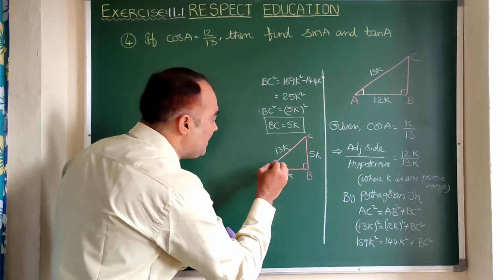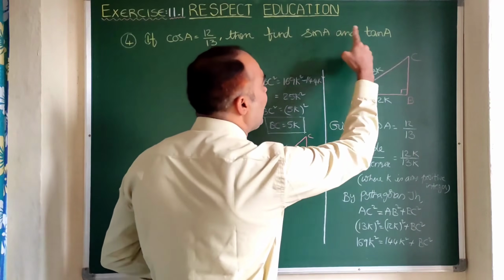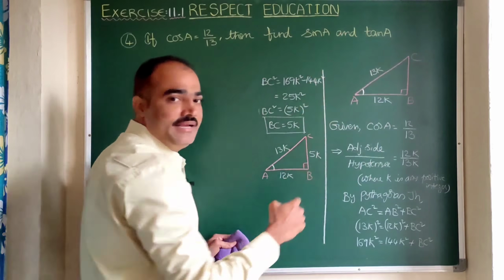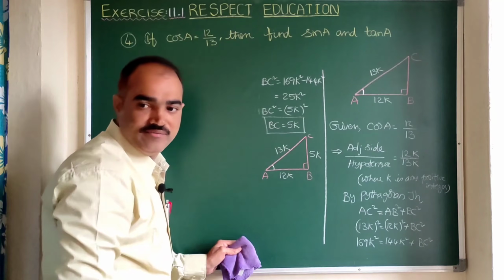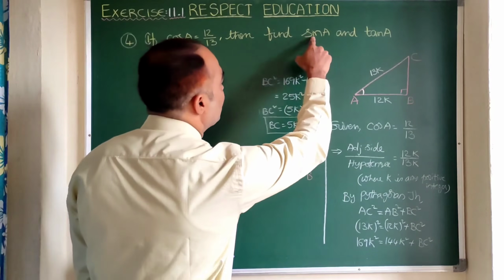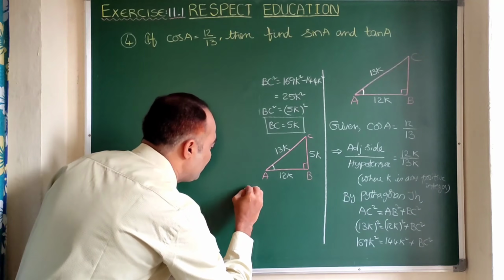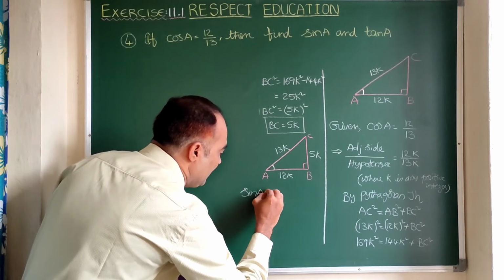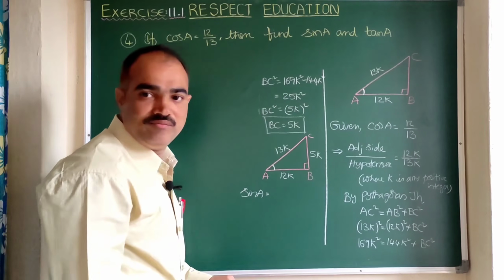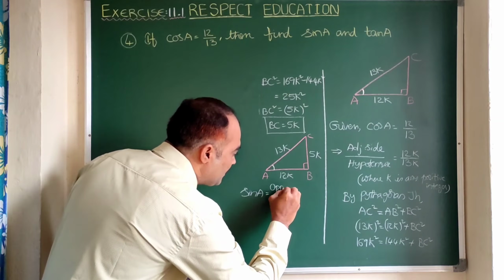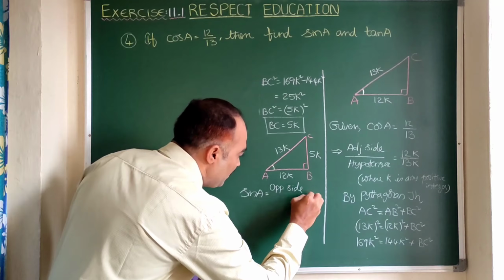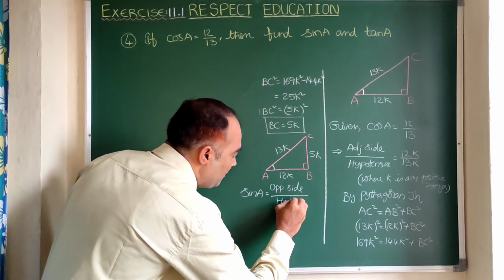Now same way we are at A, because it asks sin A and tan A, both the angles A only. So assume that you are at A. First you are going to write sin A. What is the formula of sin A? Opposite side to A by hypotenuse.